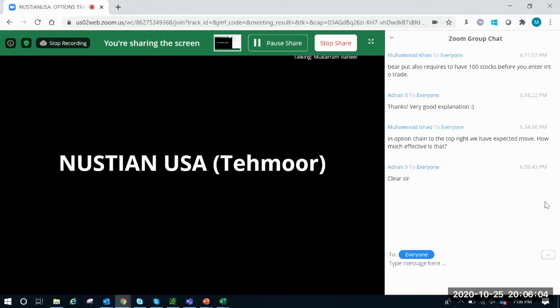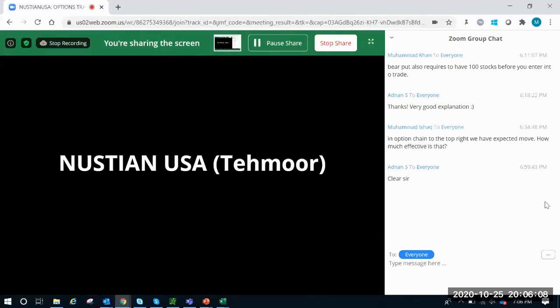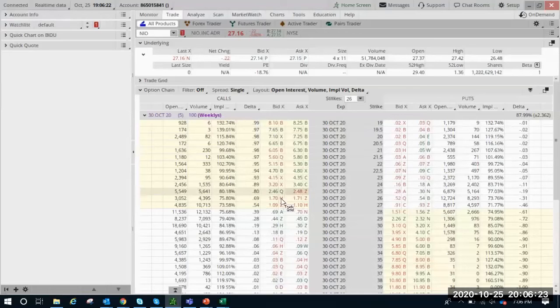Other than protective put and covered call that we discussed, everything you could do without holding any shares. 100 is just a standard notation that one contract is 100 shares, but it does not have to do anything with holding 100. The number 100 is just a magical number which you multiply with every price that is seen here, because one contract means 100. Let me give you an order.